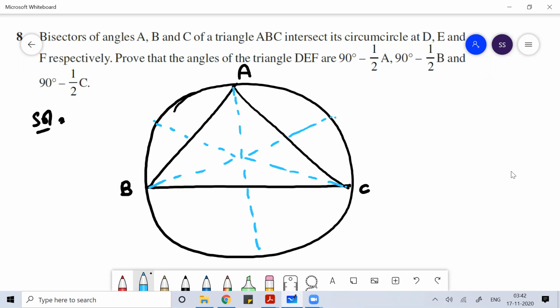The bisector of angle A intersects the circle at D, and those of B and C intersect at the points E and F respectively.